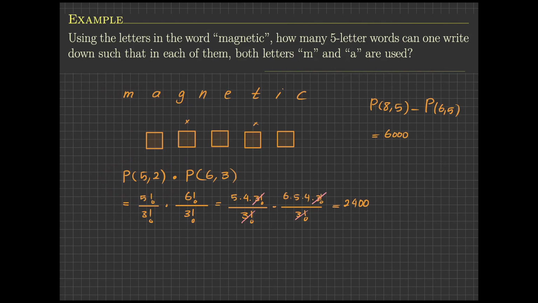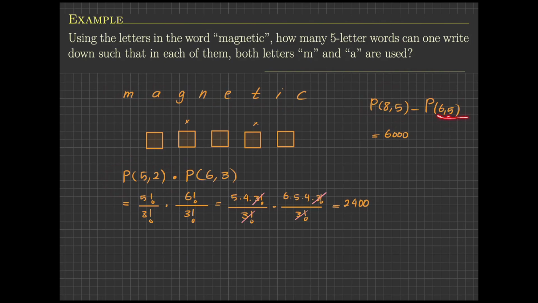Yes. Why do you think this is the case? So what he is telling, he is counting all possibilities that I can make a 5-letter word out of these letters. That is correct. Yes? And now he is saying that, okay, the number of words that I can make does not include either A or M. Yes?